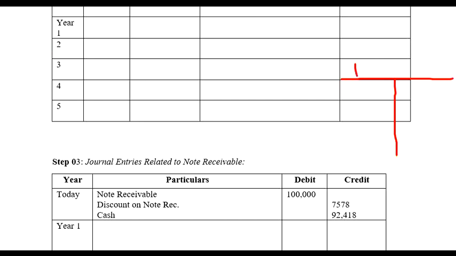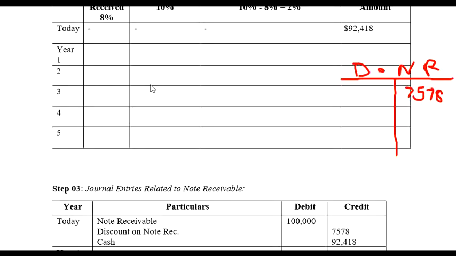So an account will be created, discount on note receivable, and on the credit side of it, we will have a credit balance of 7,578. So it's not my revenue yet, I will earn it. It's just a contra account, a special purpose account for a while. So 7,578 would come on the credit side. Let's do the first year calculation, and for the remaining I will directly put the values. I hope you can do that by yourself.